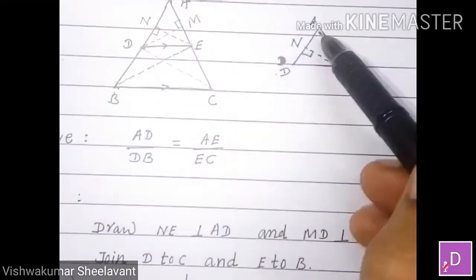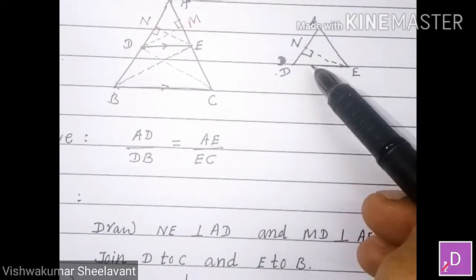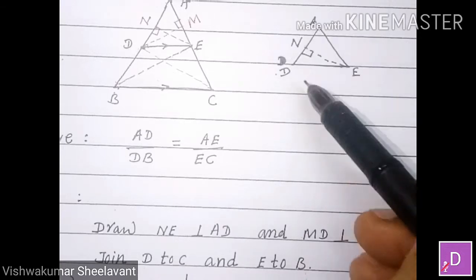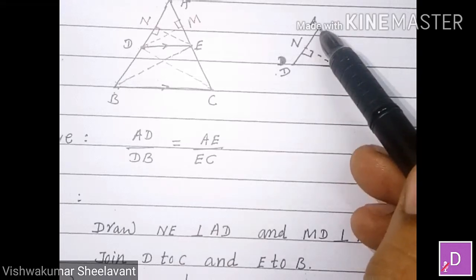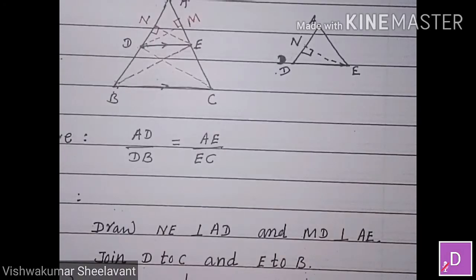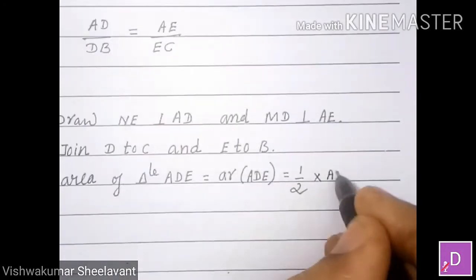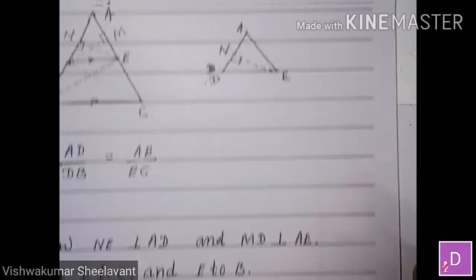So base in this triangle, perpendicular is drawn to AD. So you take AD as base. Now D is not the base. Please don't take it as base. To calculate area, AD is base now. So half into AD into altitude. Altitude means what?